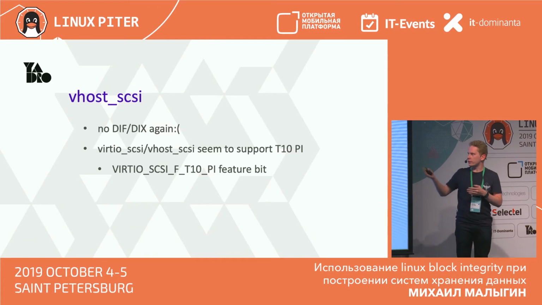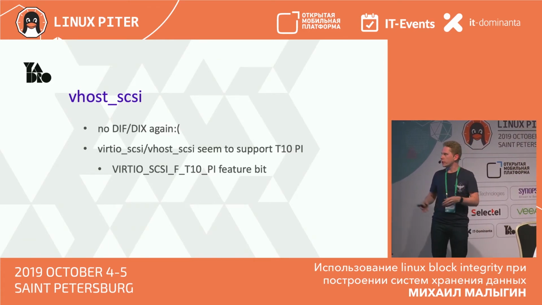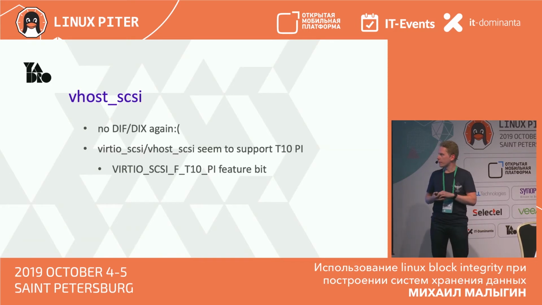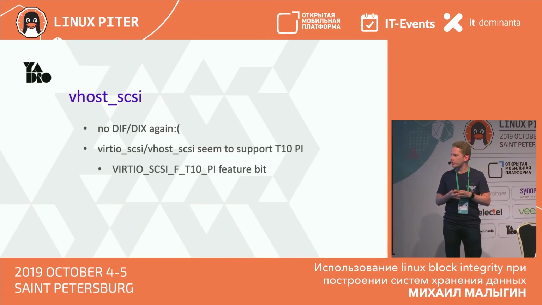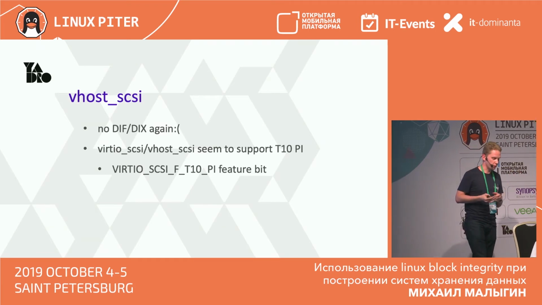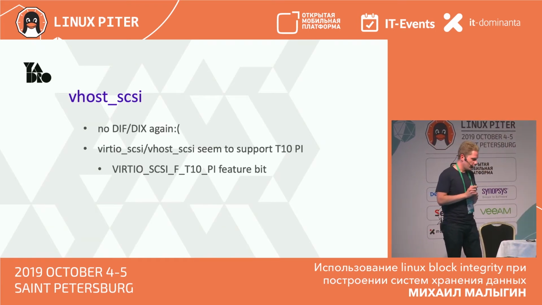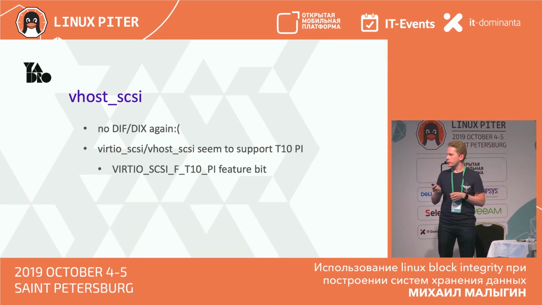DIF/DIX doesn't work. If you look into the vhost and virtual SCSI drivers, metadata is copied, but it doesn't work. We looked into the source, and these drivers agree through a set of feature bits, one of which is T10 PI, that should be set on both sides. Then data protection is allowed, and they try to transfer data.